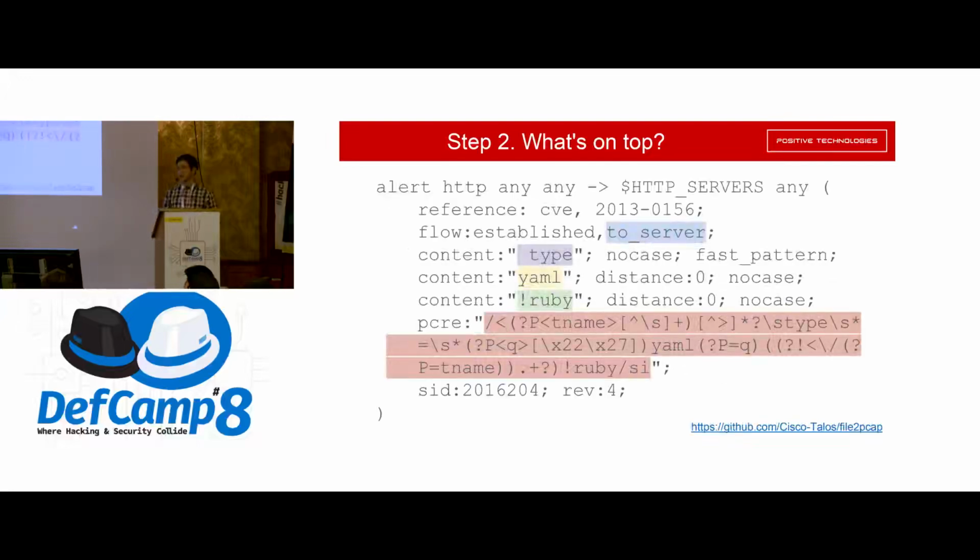This one protects you from CVE 2013, Ruby on Rails YAML deserialization code execution. It checks every network HTTP packet for 3 constant strings, like YAML and Ruby, and then applies a regular expression check against it. As we suppose this is a slow signature, we will try to construct especially crafted bad traffic for the signature and see what happens.